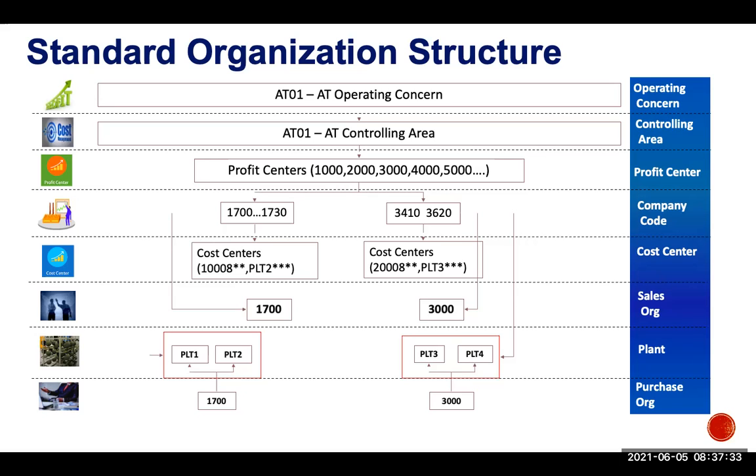If that is the case, we create multiple plants underneath one legal entity, one company code. That is why I just put it like this. There can be a possibility of creating multiple plants under one company code. So that means the plant is the smaller element compared to your company code. So understand the definition of plant.